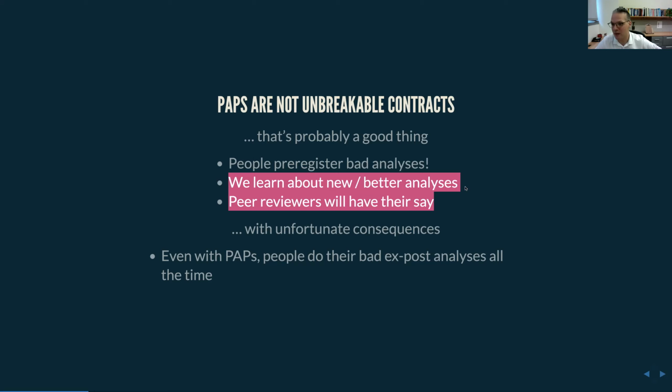You still get the estimate of the average treatment effect, but it's more variable than simply controlling in a regression for the pre-treatment score. And there's a cool regression reason why that's true. But change scores are less efficient than OLS. So if you didn't know that before, now you do know it. And if you need to change a pre-analysis plan, then you should, because that's a more efficient estimator, right? So we learn about new and better analyses all the time.